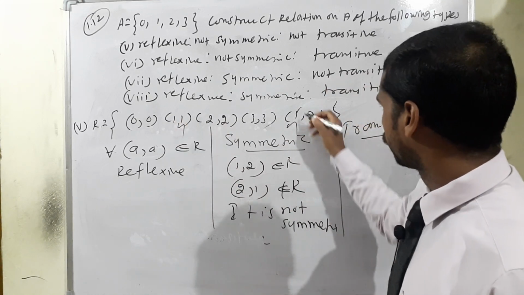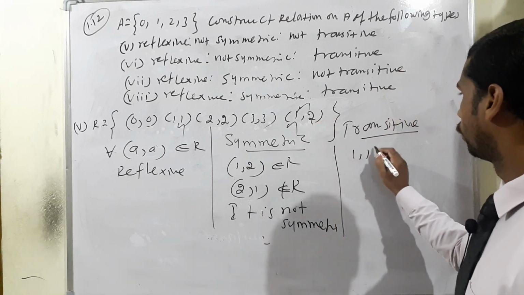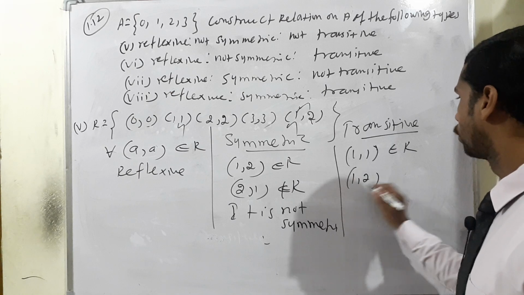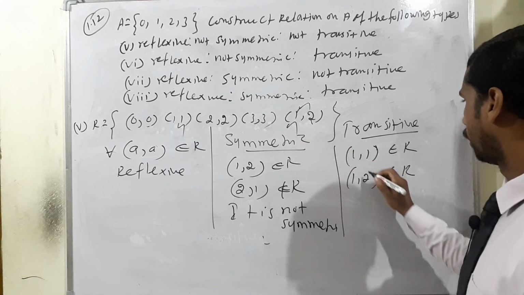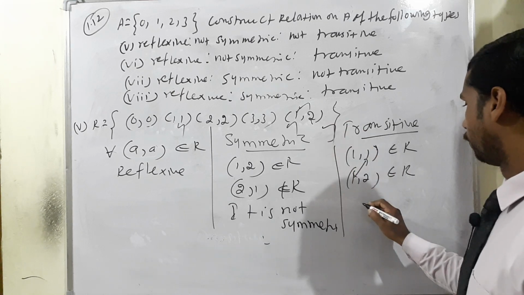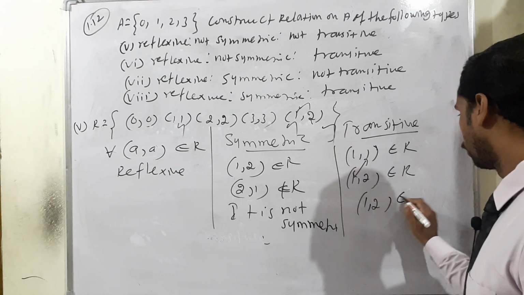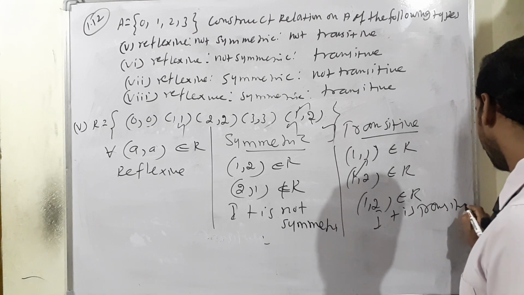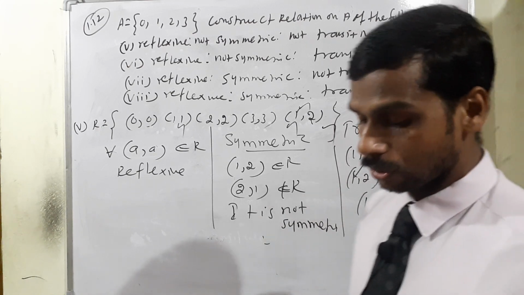Therefore first and last, 1 comma 2 is there. 1 comma 1 belongs to R and 1 comma 2 belongs to R, so 1 comma 2 also belongs to R. It is transitive. Okay, I will continue with the last two subdivisions.